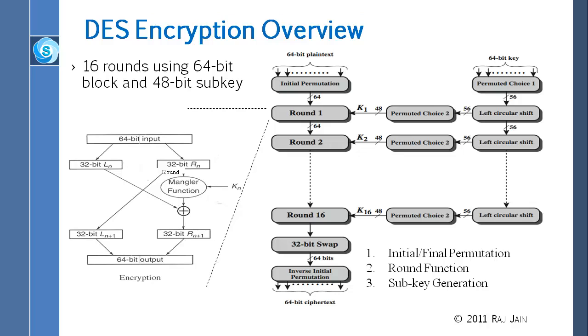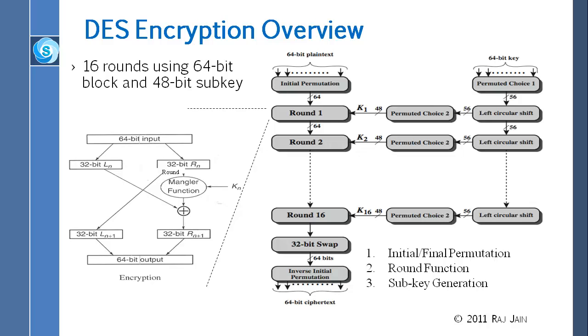In a Feistel structure, we take the 64 bits and make 2 32-bit halves. The right 32 bits are combined with the key by some kind of complex function, and whatever result comes out is exclusive ORed with the left 32 bits, and that becomes the right part, and the right part becomes the left part.